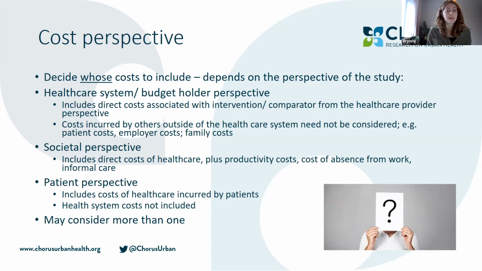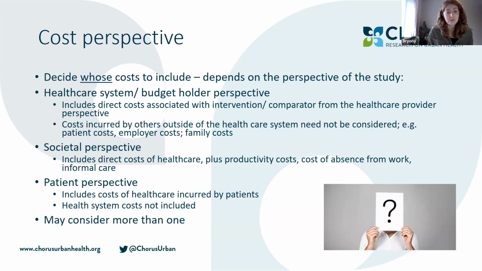So the main cost perspectives that we might use are a health system or budget holder perspective, a societal perspective, or a patient perspective. In the healthcare system perspective, we would include direct costs associated with the intervention and the comparator from the healthcare perspective, but costs incurred by others outside of the health system, so like patient costs, aren't included in this sort of cost perspective.